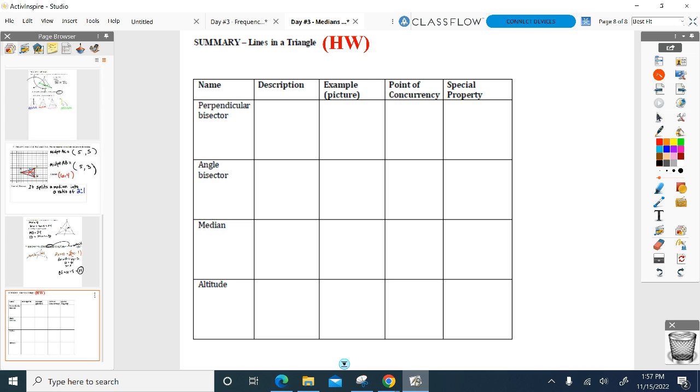Let's start with an example first, and then I'm coming back to you. If I have a triangle and I ask you to draw in, because there's 3 of them, just one perpendicular bisector. Draw in one perpendicular bisector.